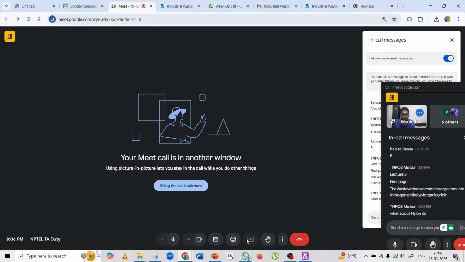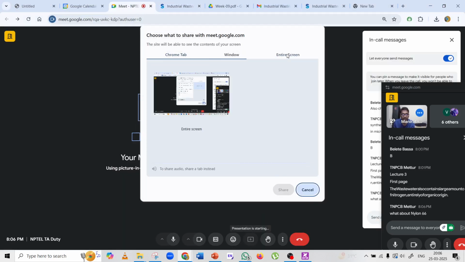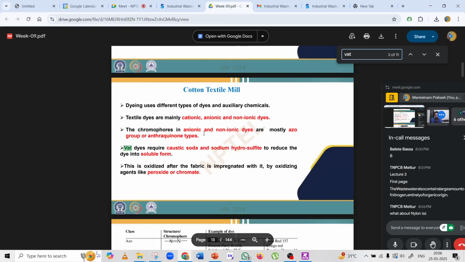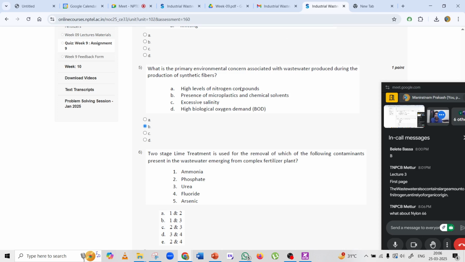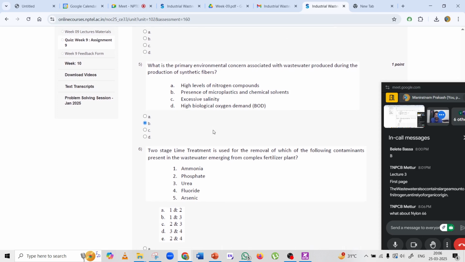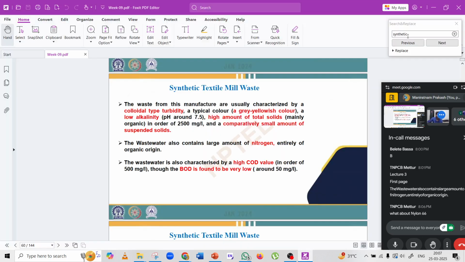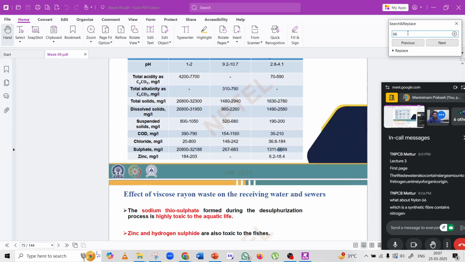Try to compare. What about nylon 66? Where does it come from? Nylon 66 means it is in, what is.